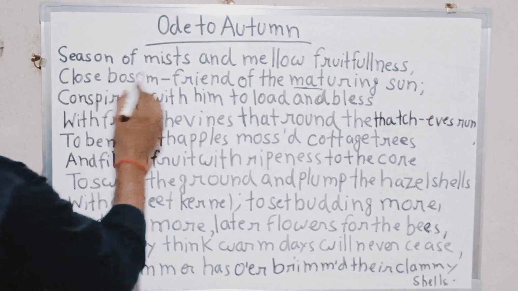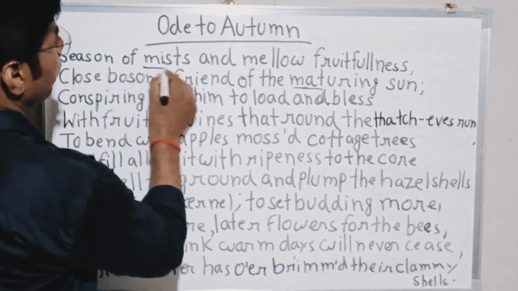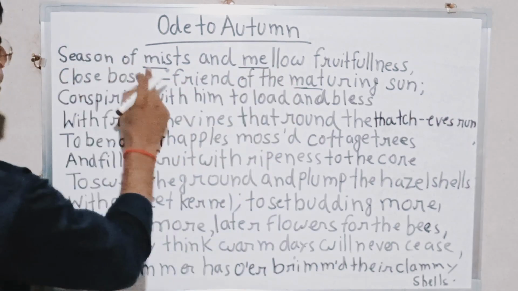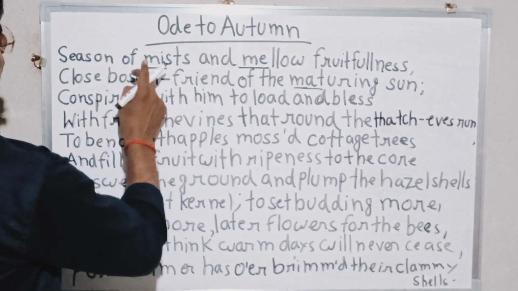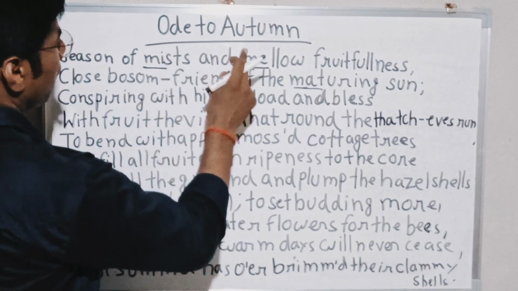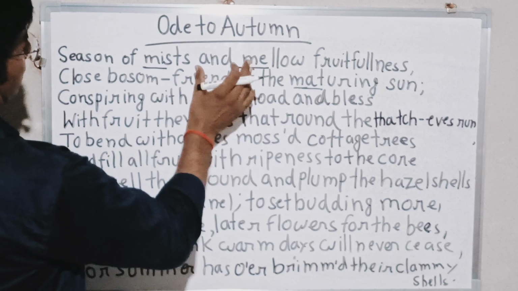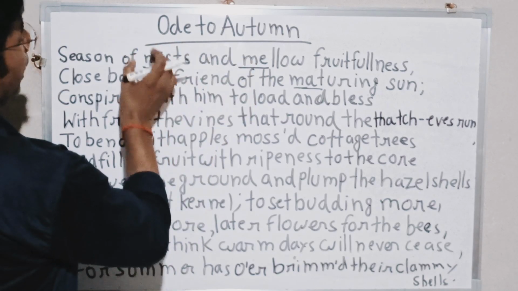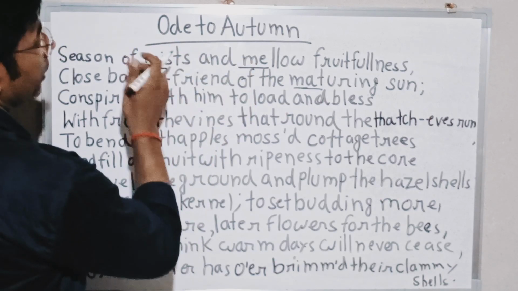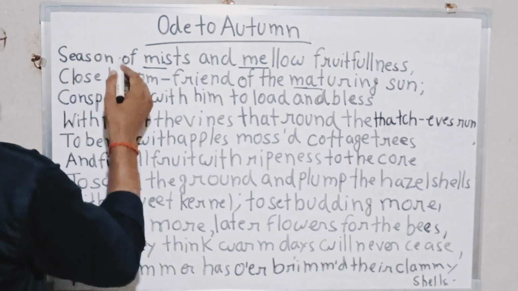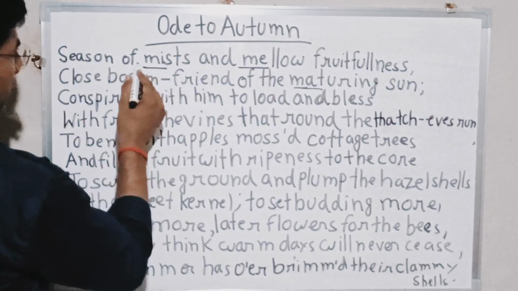Second, see this: mist, mellow. Mellow means soft. Mist and mellow are two words beginning with M, holding the sound of M at the beginning. It means alliteration. So the first line of the poem has alliteration.